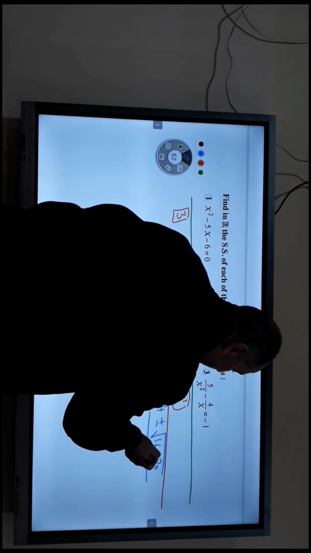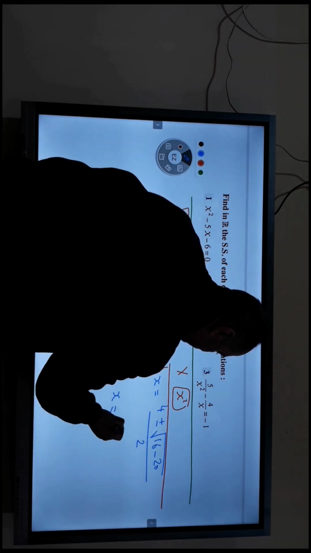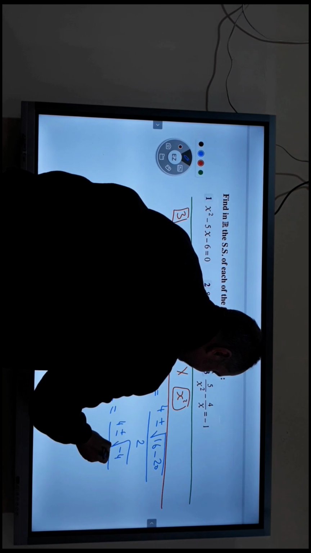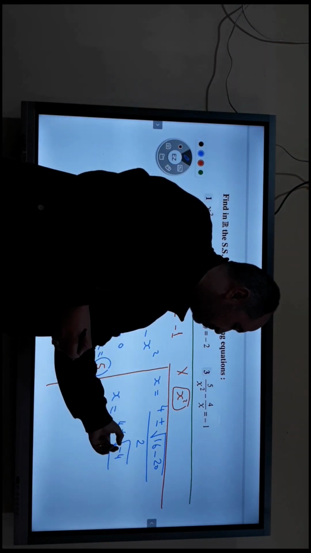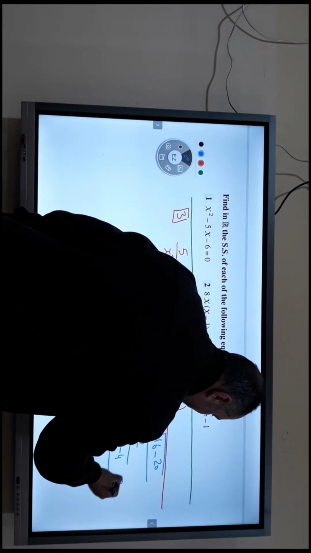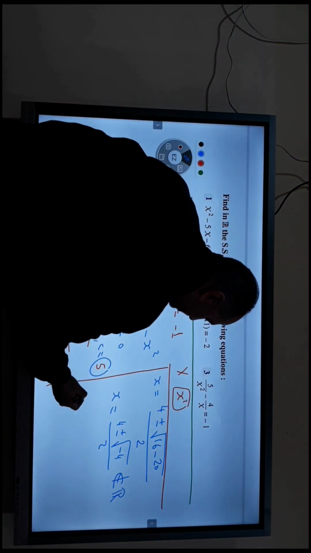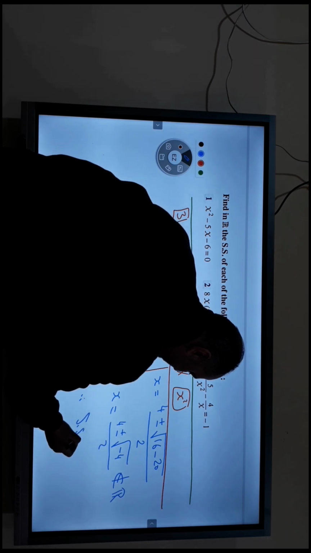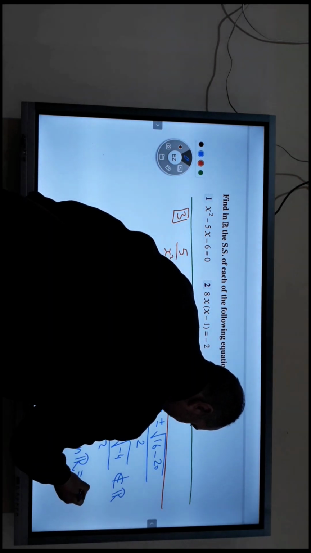This square root is negative. x is equal to 4, positive or negative, square root of negative 4. This root cannot belong to R. Root of negative 4 doesn't belong to the set R. Then there is no solution. Then the solution set in R is equal to the empty set.